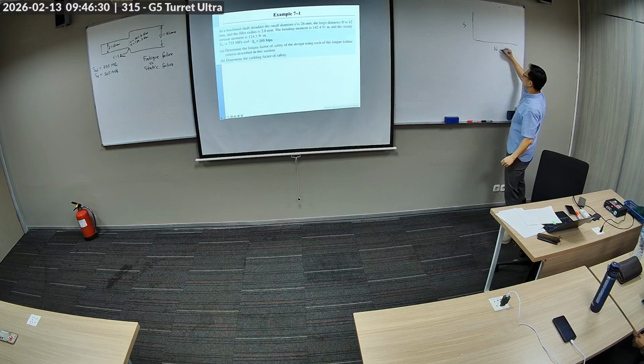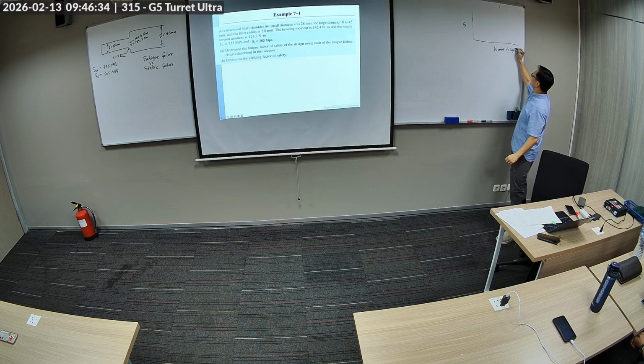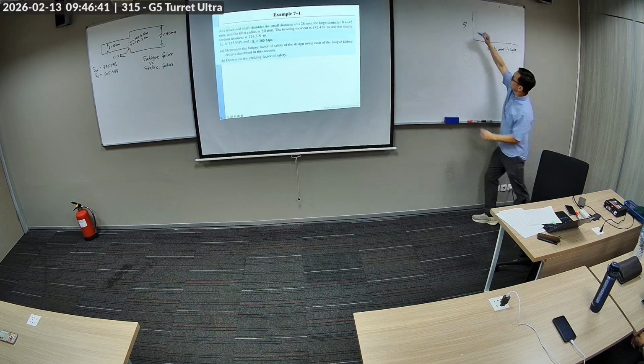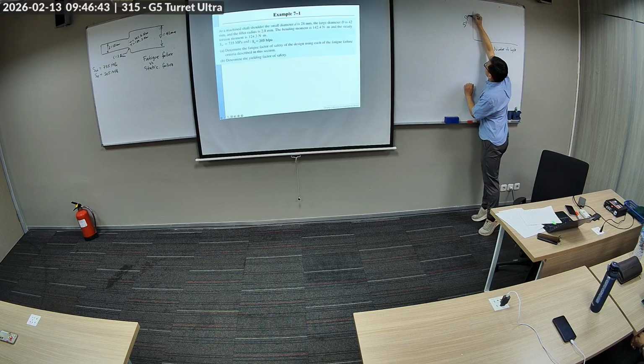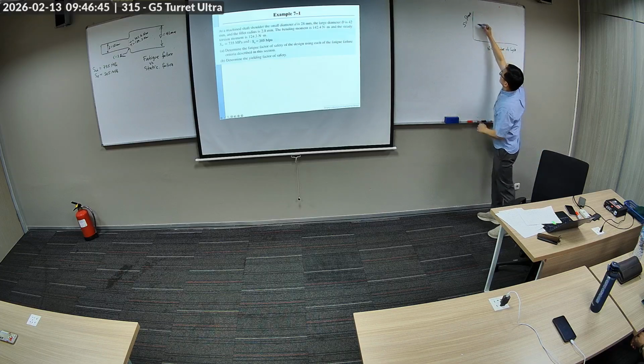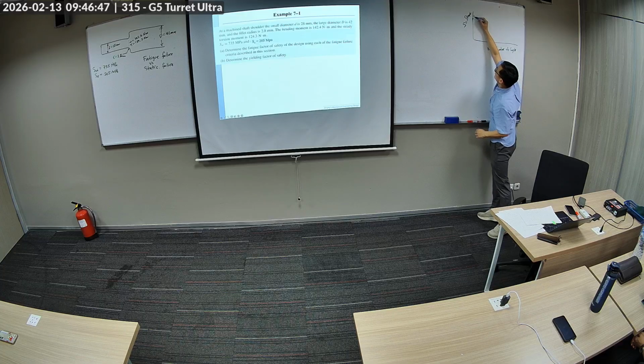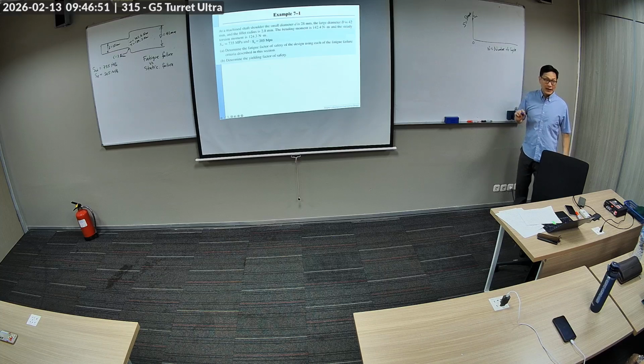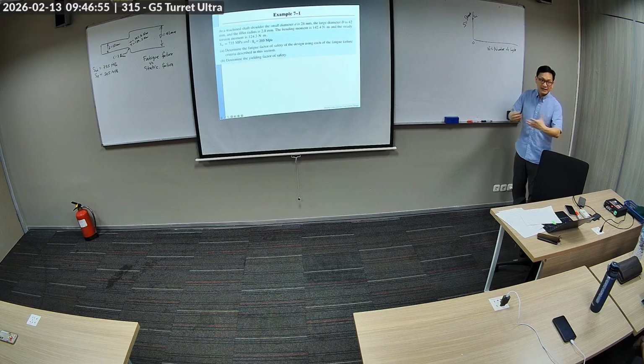The stress to number of cycle. So N is number of cycle, S is the strength. Now, we begin with SUT here because at 0 cycle, if it breaks the first time you load it, then your strength is basically ultimate strength.